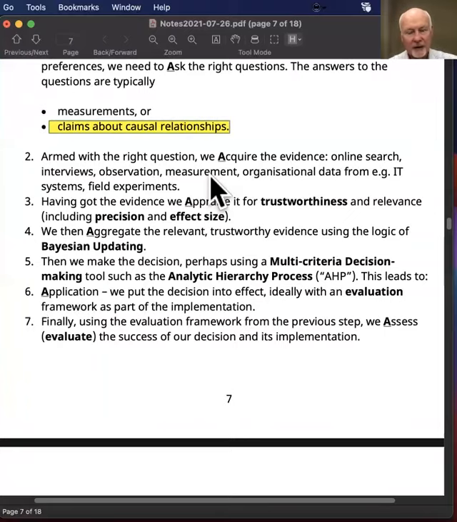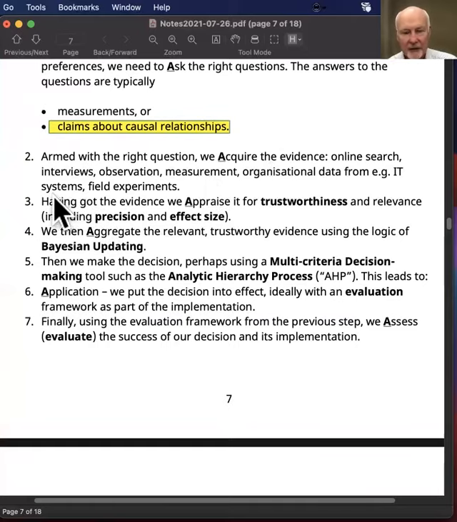We'll be talking a bit about some of the issues around getting organizational data from IT systems and so on. And we'll talk a bit about what are called field experiments. So these are experiments that you can do in an organization to test things. This is something it's not all that hard to do often, and I think it's quite underutilized in most businesses.